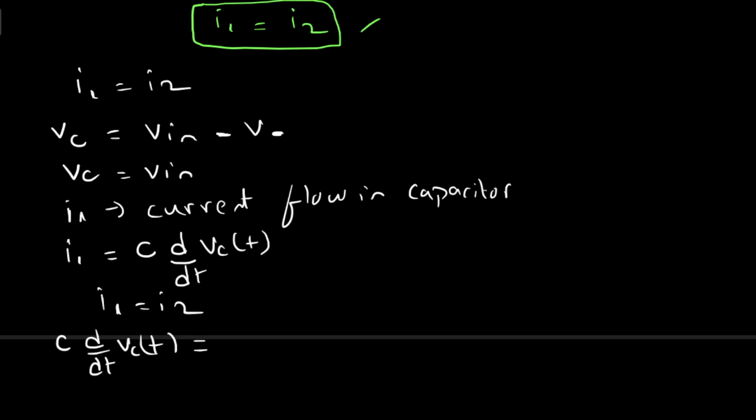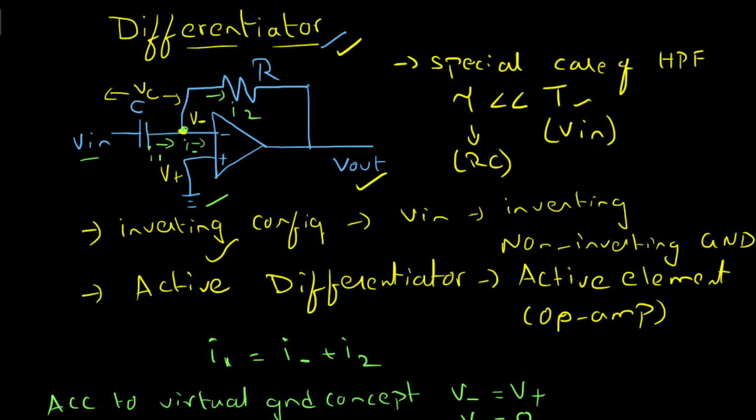What is I2 in this circuit? I2 is the current flow through the resistor.